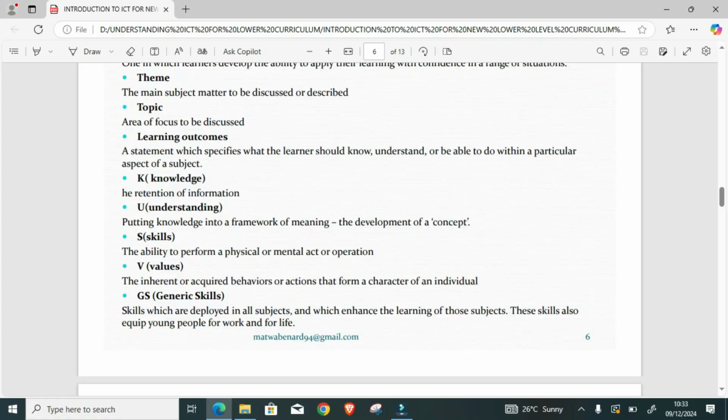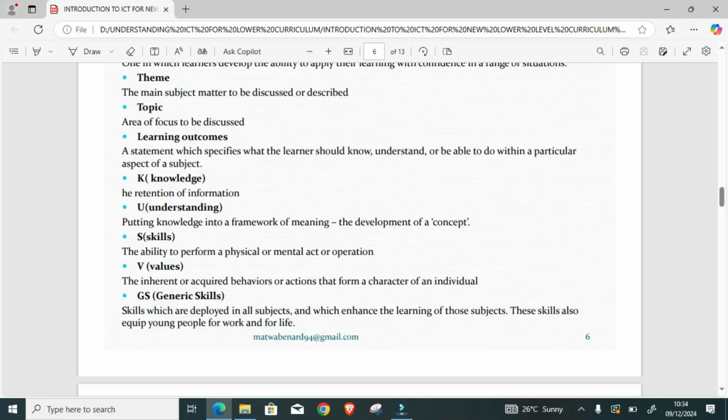For example, when I teach you, I expect you to understand something and use it in some other way. Then K is knowledge, the retention of information. You receive some information and you keep it in your head. For example, when someone asks you, you can easily bring it back and tell them it's like this and that.